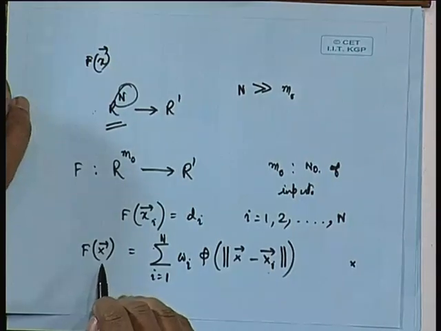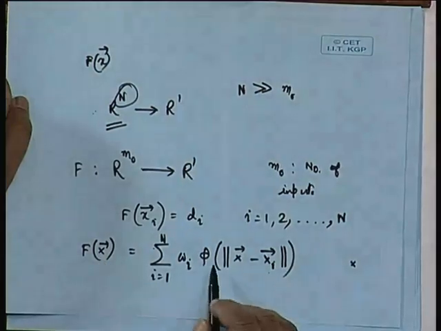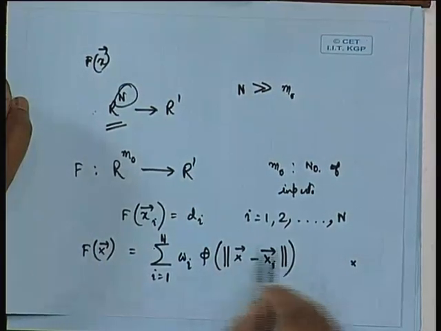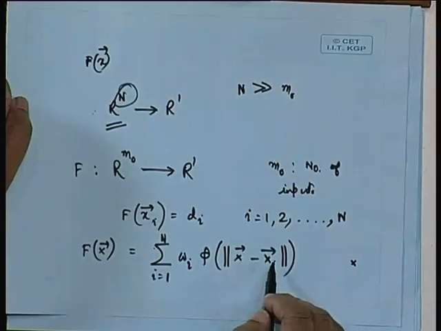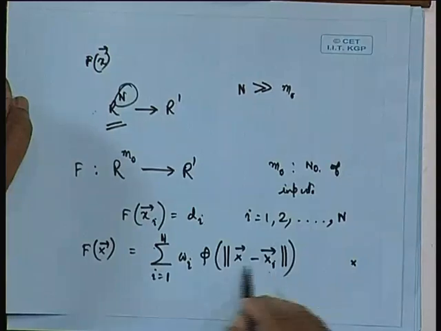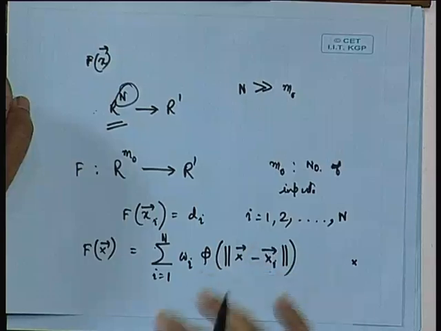So, supposing we take this f(x1), the first one. f(x1) means that we will have to add the responses from all these. That means we have to add up x1 minus x1, x1 minus x2, x1 minus x3, like that, all these n outputs will be added.